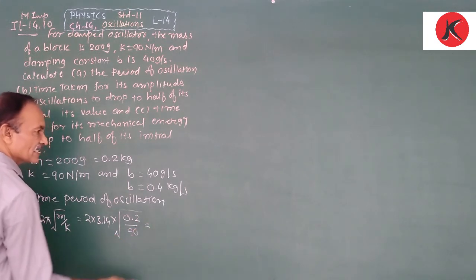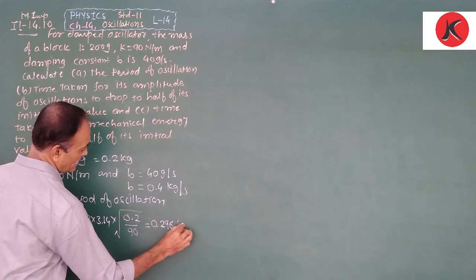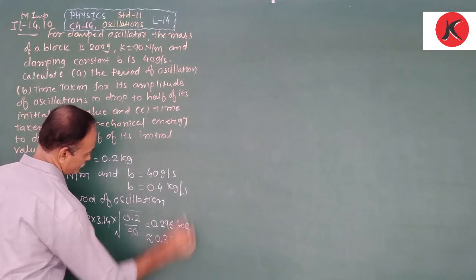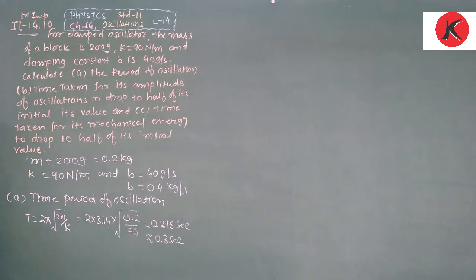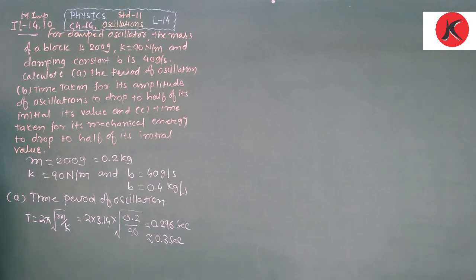Simplified, we get the answer as 0.296 second, that means approximately 0.3 second. So we know the equation of periodic time T is equal to 2 pi under root of m upon k. Therefore, the answer is 0.296 second.